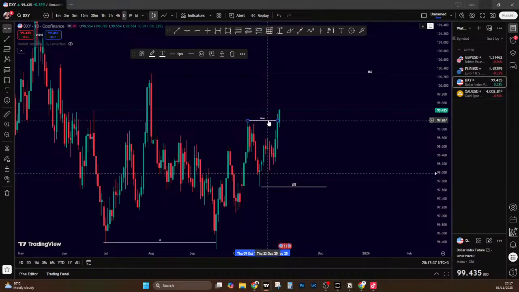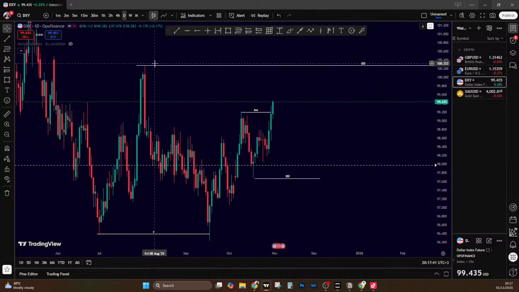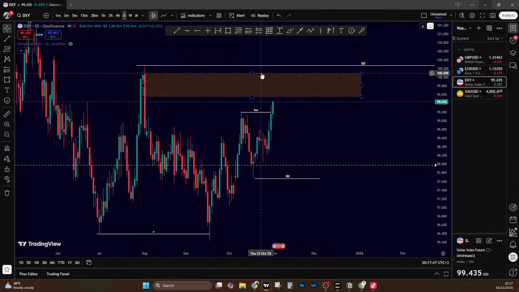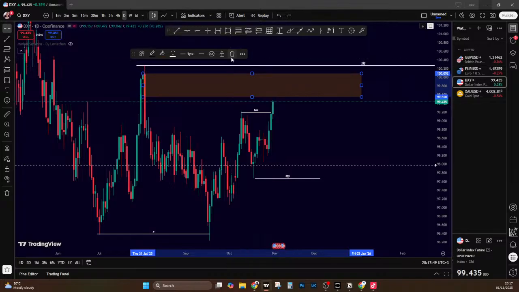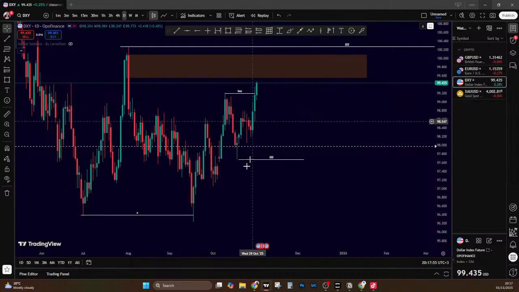That's a BOS. So before this is broken, the market will come take from around this area, and then what will happen? It will sell up to where we have the order block.